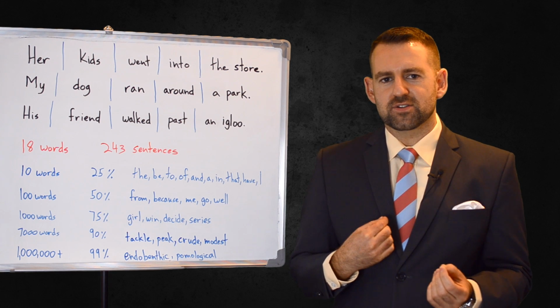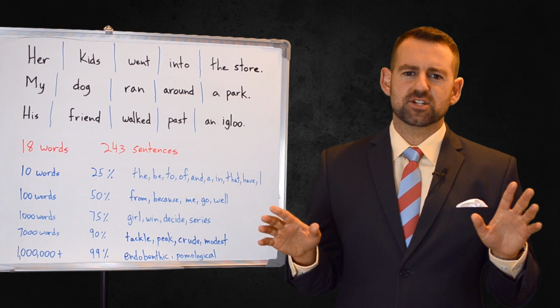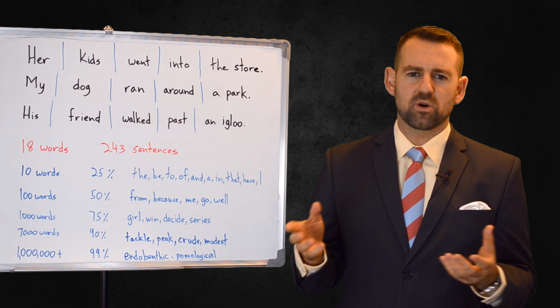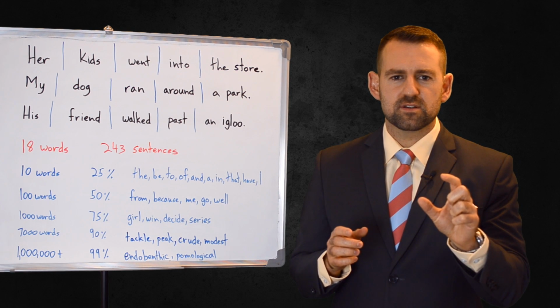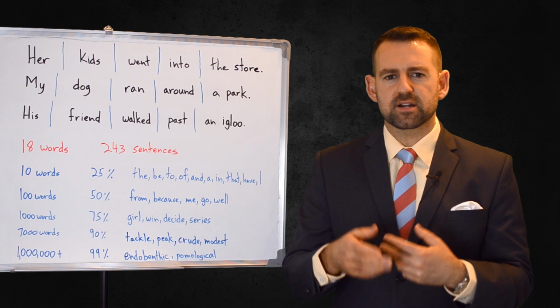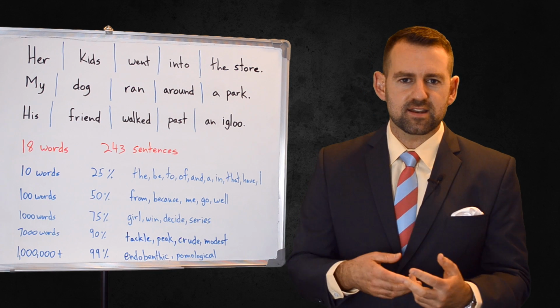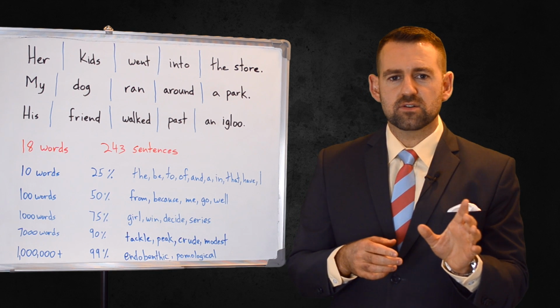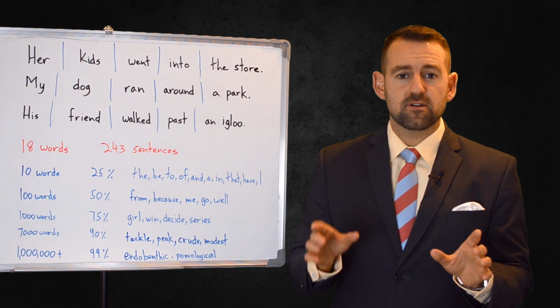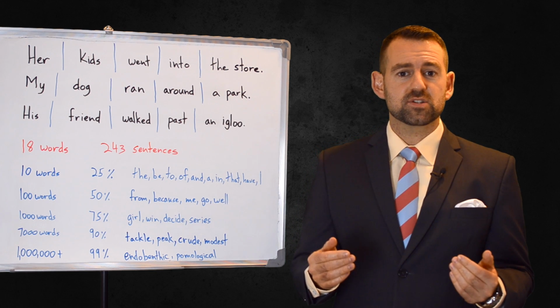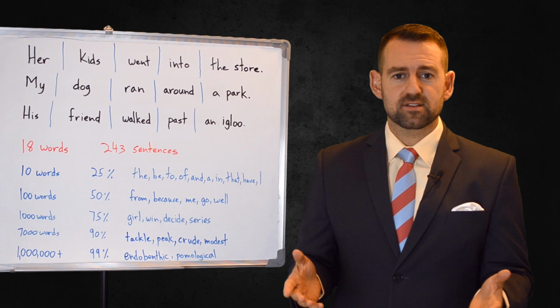When I teach English, I don't like teaching my students lots of new words. I teach them a few words, and then we practice again and again and again. That way, my students can start speaking real English fast, and they can start speaking with confidence.